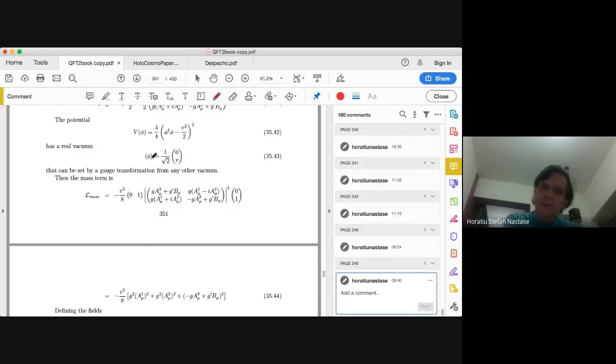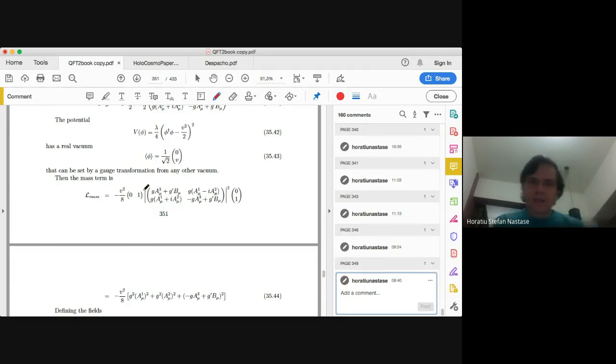So then the vev of phi can be put by a global SU(2) transformation to this form, 1 over square root 2 times 0, v as before. So I choose the gauge transformation such that the top value is 0 and the bottom value is real, and written as v over square root 2.